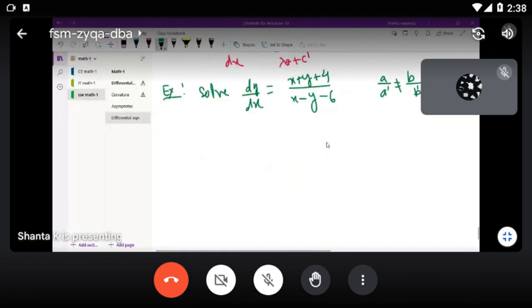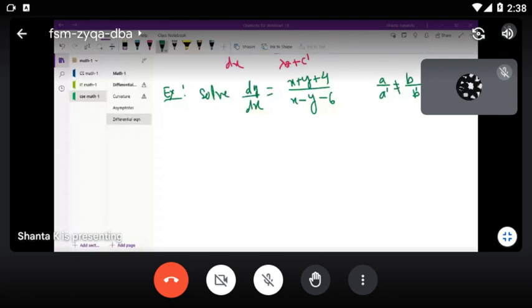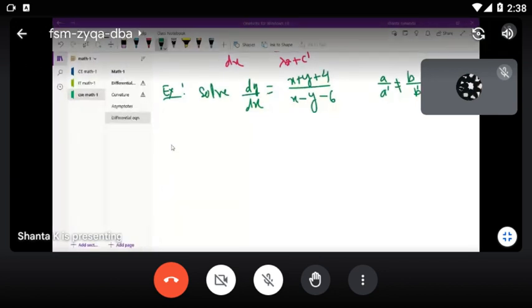So what we did there, we substituted. First we shift the origin. So we put x equals X plus h, y equals Y plus k.